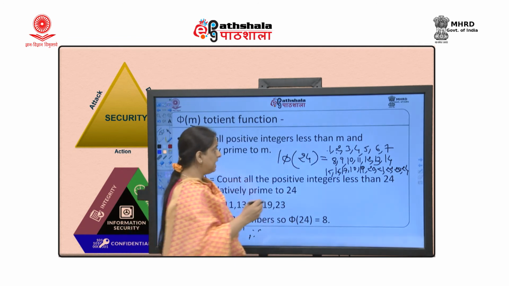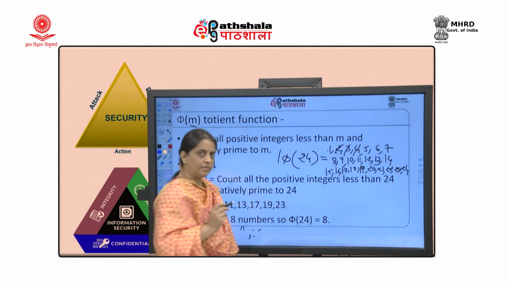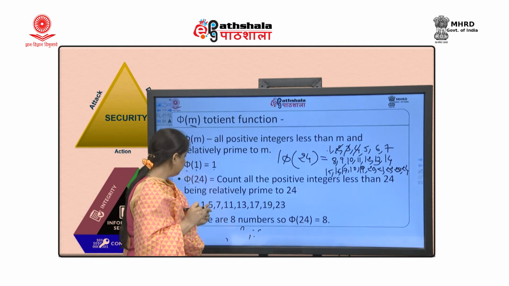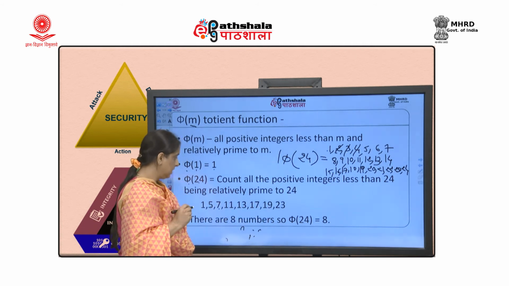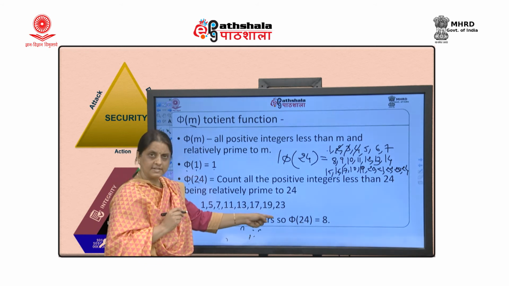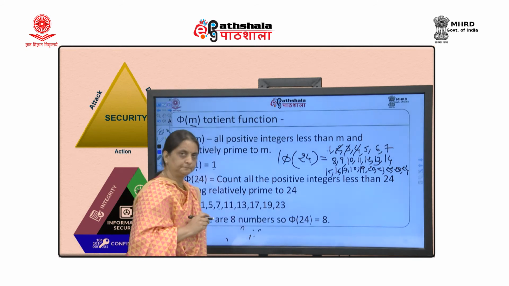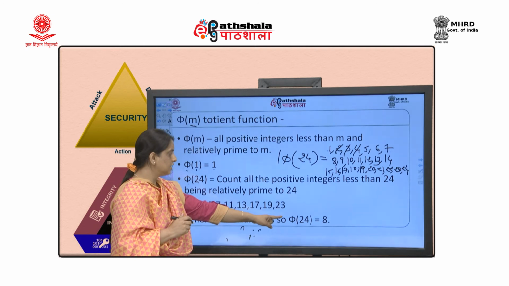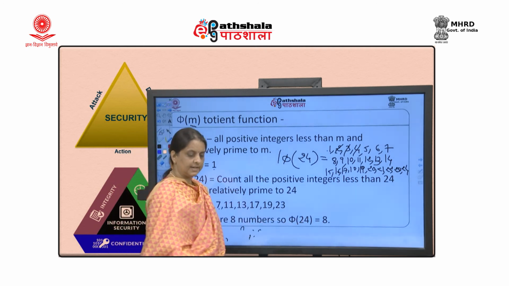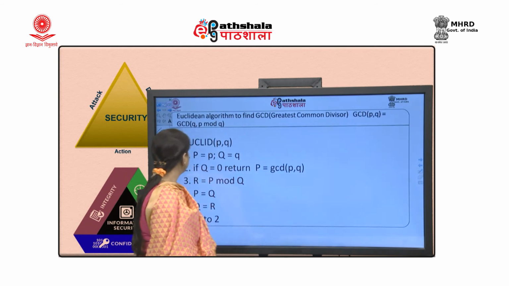If you eliminate those having common factors, you end up with 1, 5, 7, 11, 13, 17, 19 and 23. Counting how many numbers are relatively prime and less than 24, there are 8. So the totient of 24 is 8. You got it, how to compute the totient function.